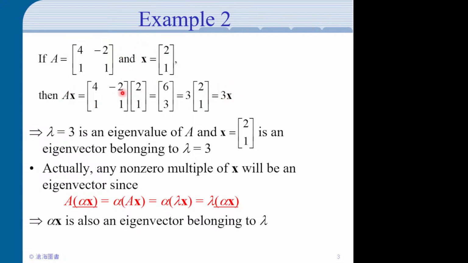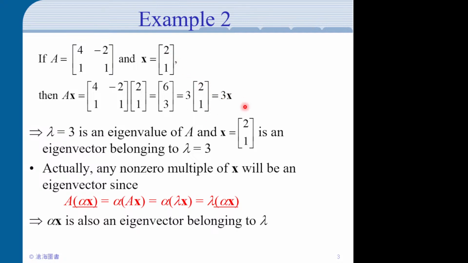So Ax equals the matrix times (2, 1). The first entry is 4 times 2 minus 2, which equals 6, and the second entry is 2 plus 1, which equals 3. So (6, 3) is 3 times (2, 1), so it's 3 times x.